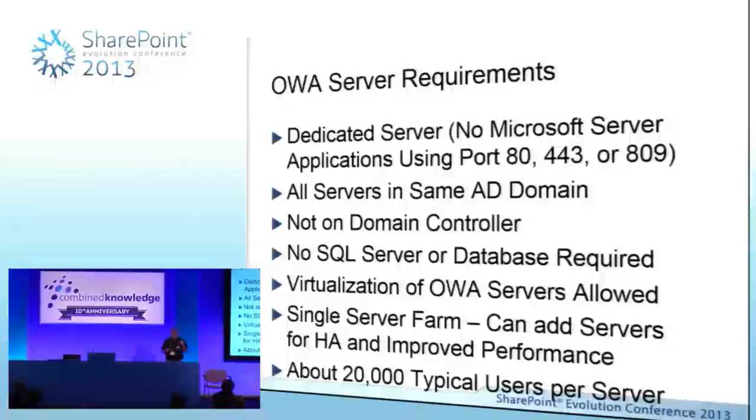All of the servers have to be in the same Active Directory domain. So my SharePoint server and my OWA farm servers have to be part of the same domain, okay? You can't install it on a domain controller. I found this out the hard way. It'll install, and you'll actually be able to configure it, and then when you try to access it from SharePoint, you'll have an issue, okay?